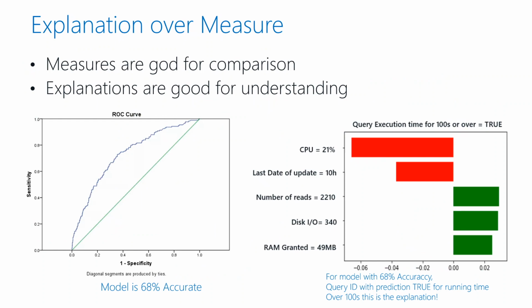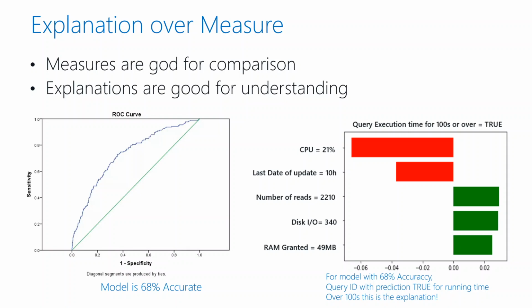And you can also explain why this was happening. Imagine this is also out of the box in Azure Automated Machine Learning. You can try to understand why my query was slow today, and understand it was because of the number of reads and not because of the CPU.